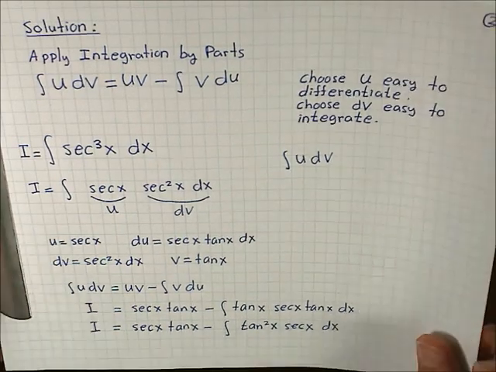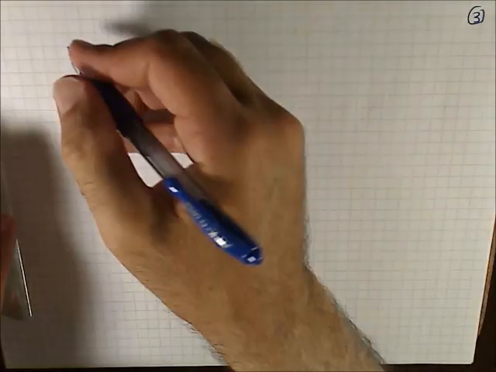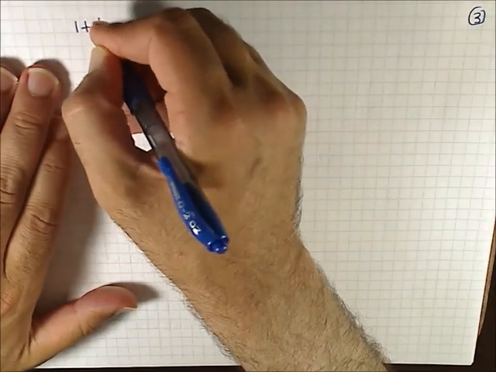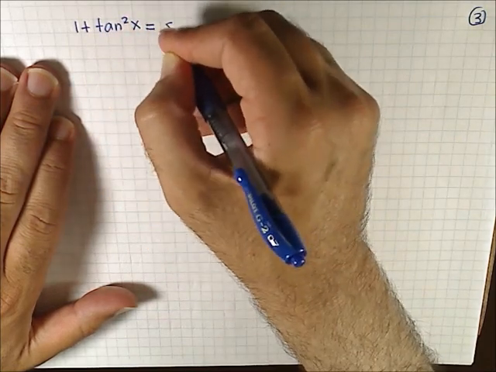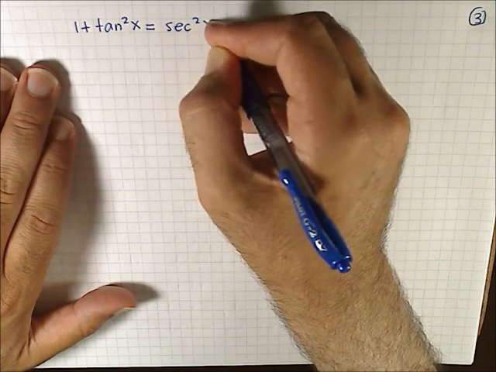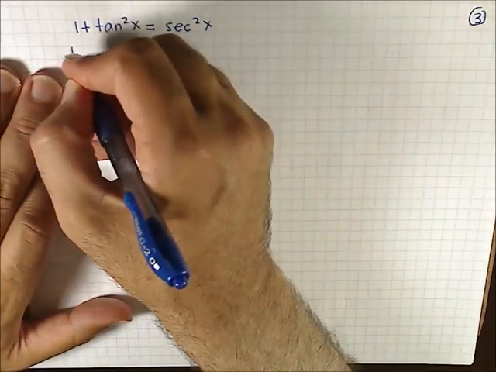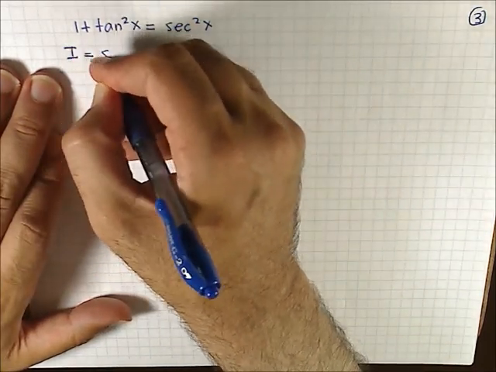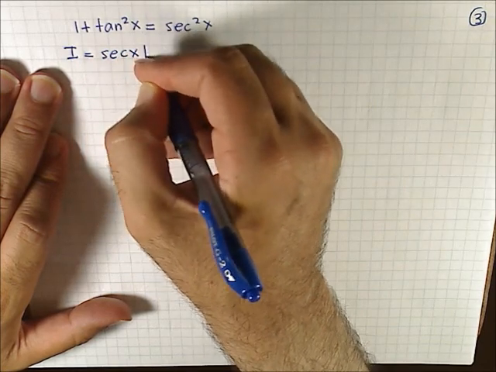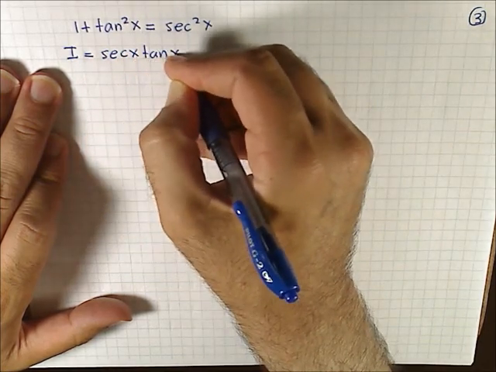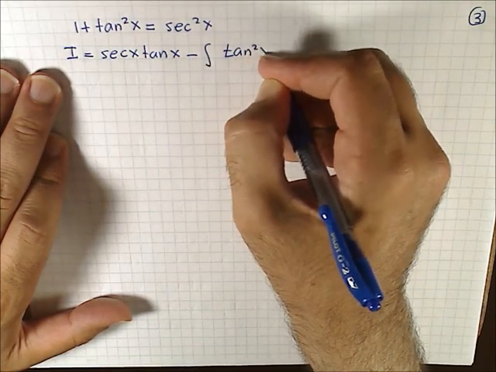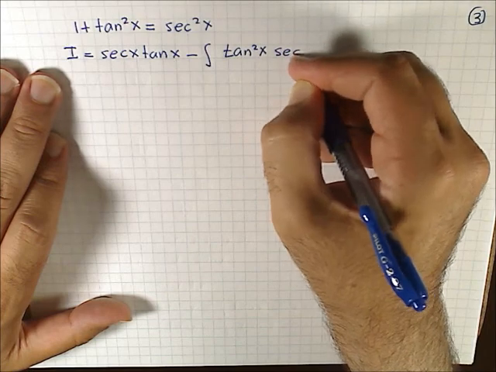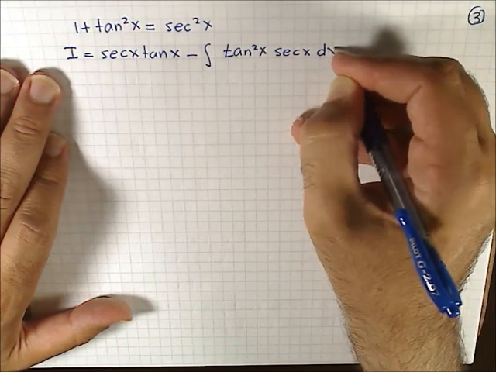Alright, let's apply a trig identity from before. We know that 1 plus tan squared x is equal to secant squared x. So from the previous page, I is equal to sec x tan x minus integral tan squared x sec x dx.